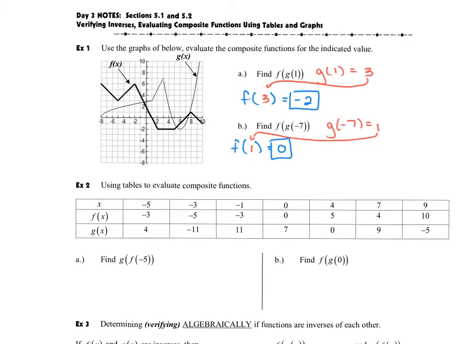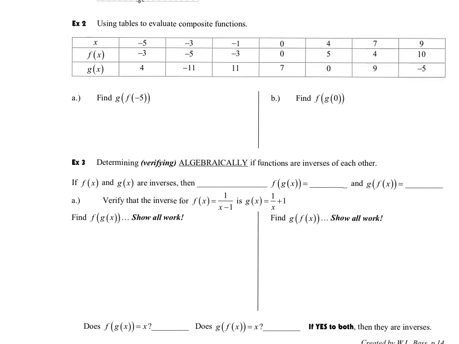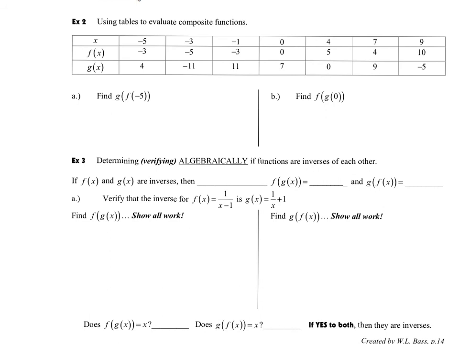Now, working with our table, it really isn't that much different, except we're going to be reading our values from a table instead of from a graph. So it's the exact same idea. So we're going to first find our f of -5, doing that inner piece first. So we're going to go to our x value of -5. The f function says it should be -3.